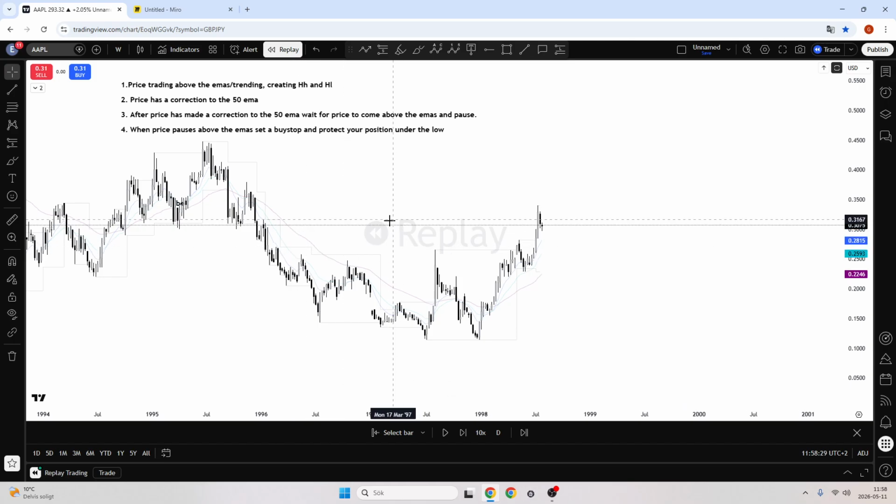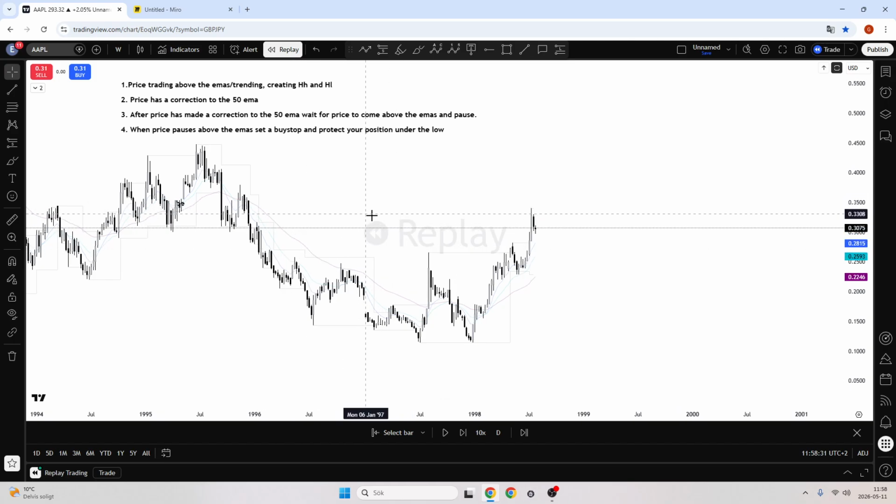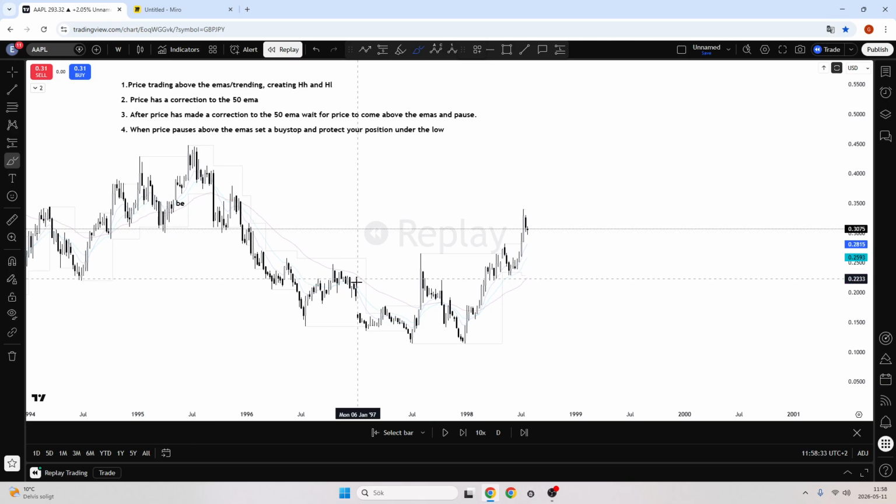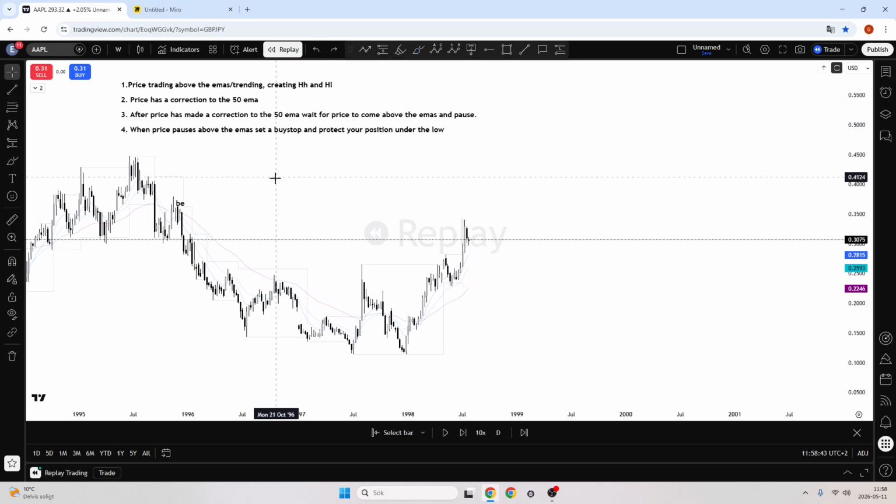So now price has started to create a higher high, higher low structure, an uptrending environment to the upside, as you guys can see right here. So now what we're waiting for is price to correct to the 50 MA, because this box is checked out right there.